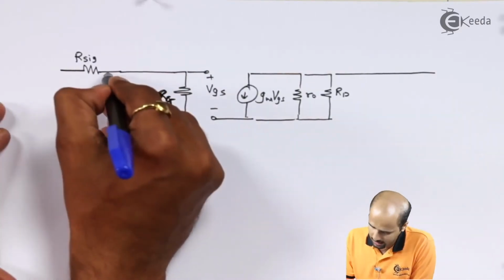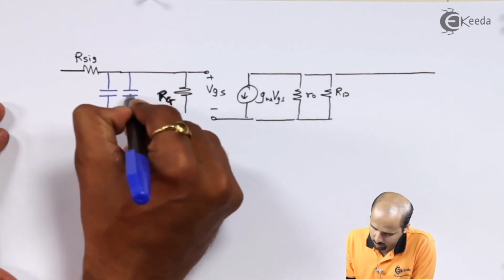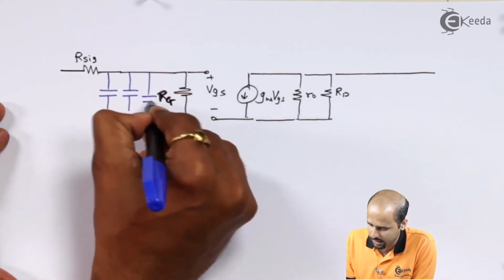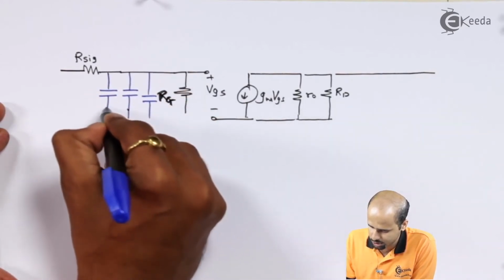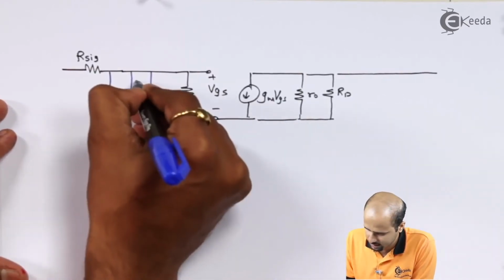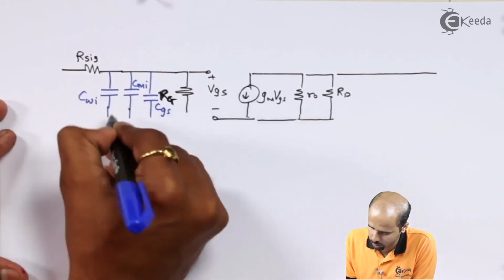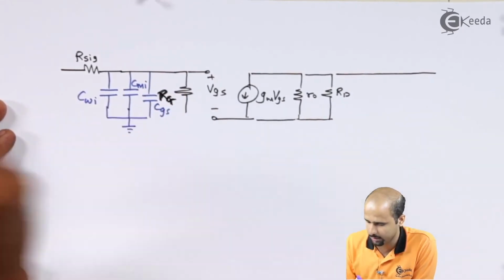So I will draw three parallel capacitances whose values are CMI, CWI and CGS. This is your CGS, this is your CMI and this is CWI, all in parallel.